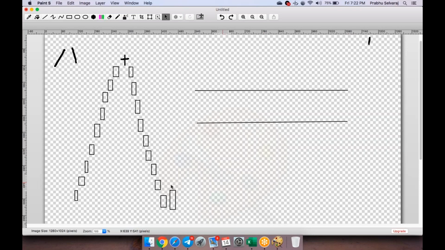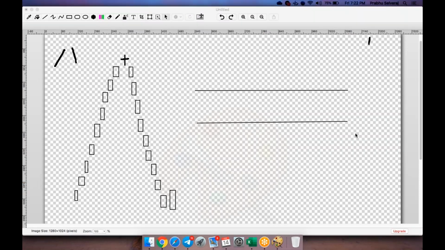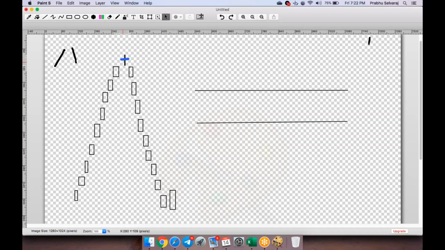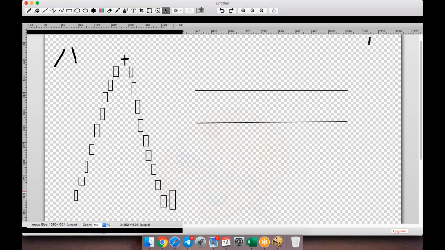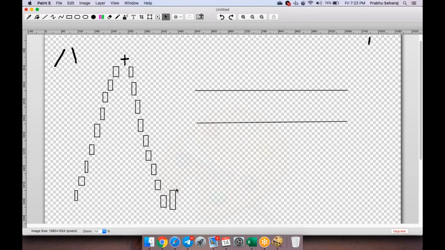So when you take a trade from bottom, for example, you get a bullish engulfing pattern. Next day the candlestick opens above this.